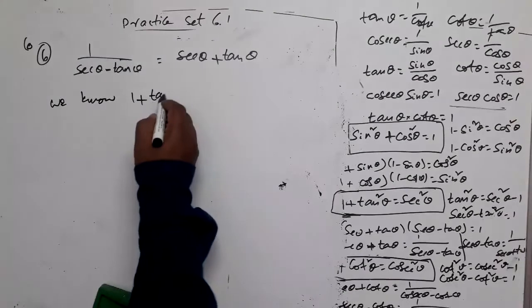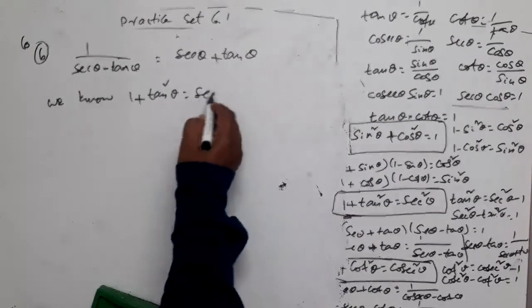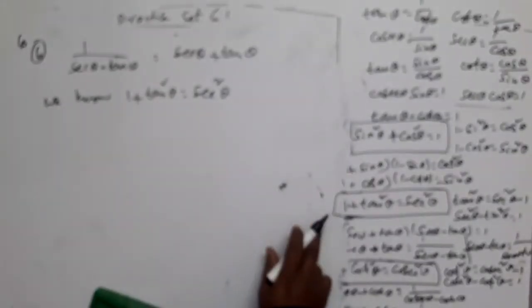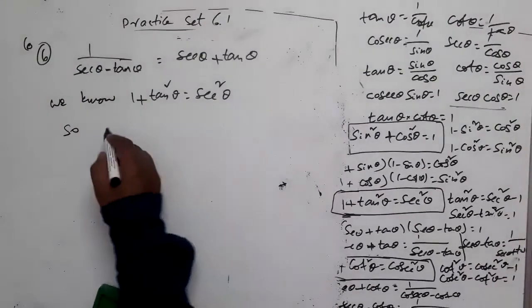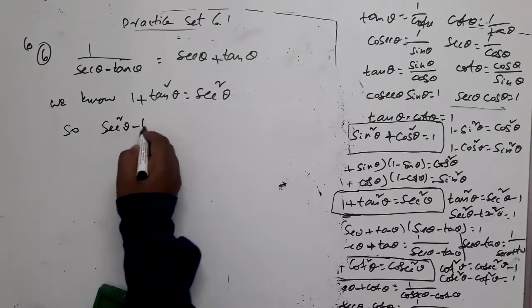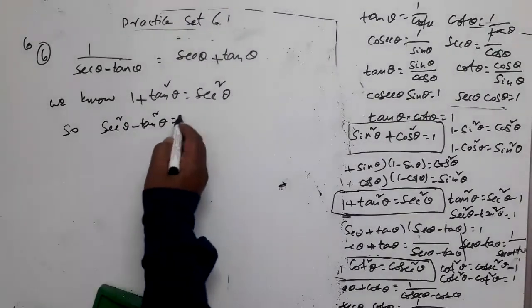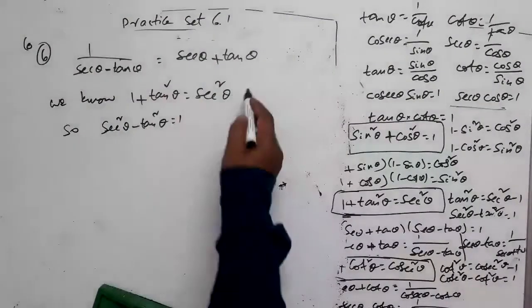prove it again. We know 1 plus tan square theta is equal to secant square theta, that is the second identity. So, what implies secant square theta minus tan square theta is equal to 1. Can I write like this?